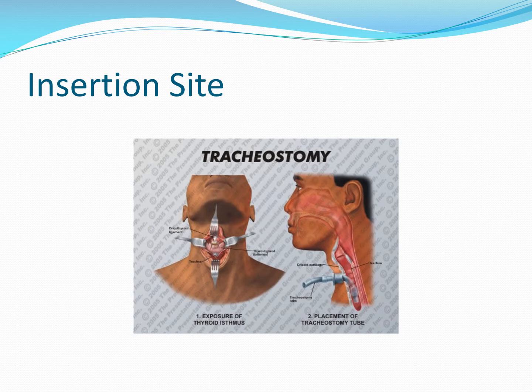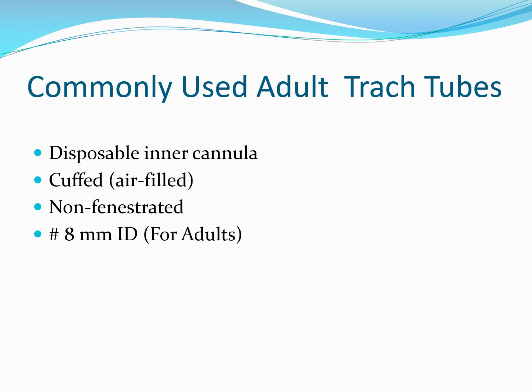Usually a cauterizing electric scalpel is used, so it both cuts and cauterizes at the same time. You can see the front to back shot on the left-hand side, as well as the right-hand side showing the lateral depiction of once the tube is in place, where it's located both on the outside as well as in the trachea itself.